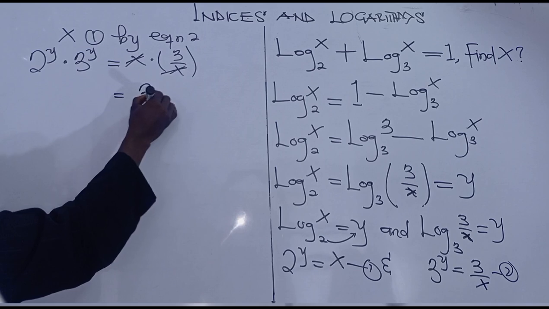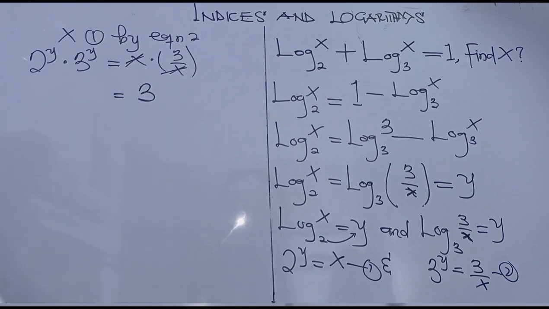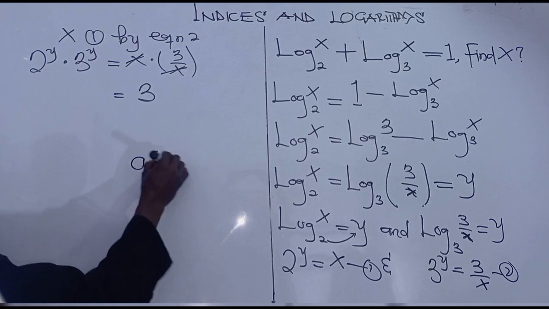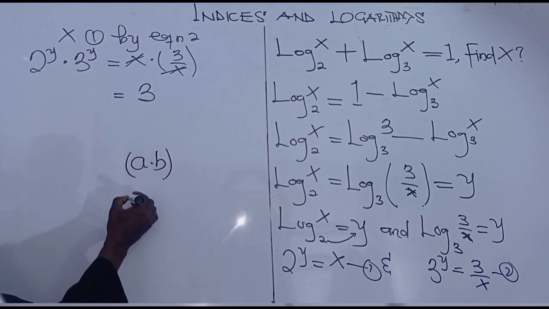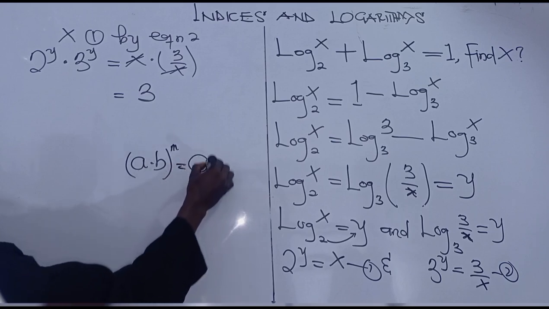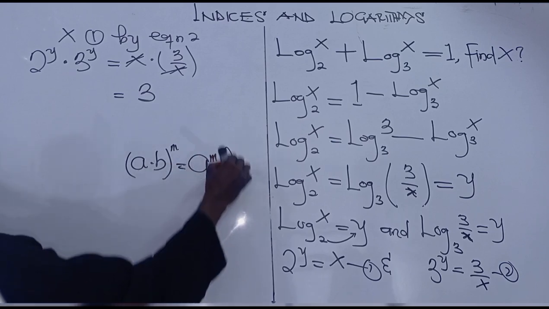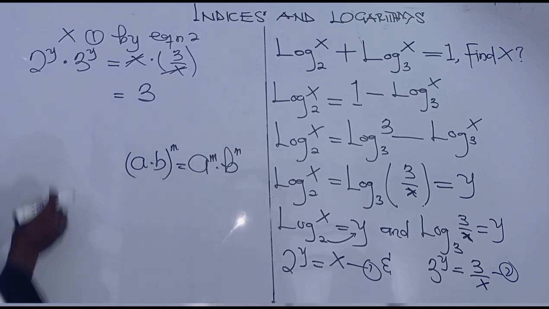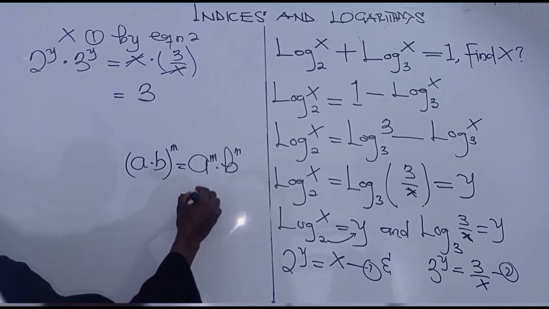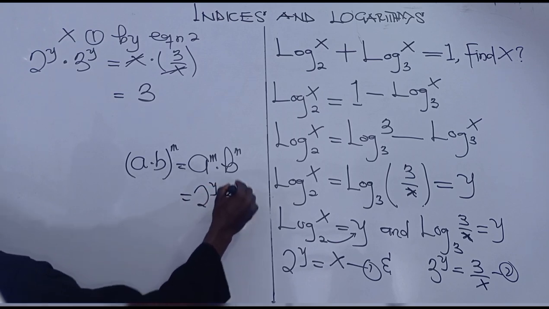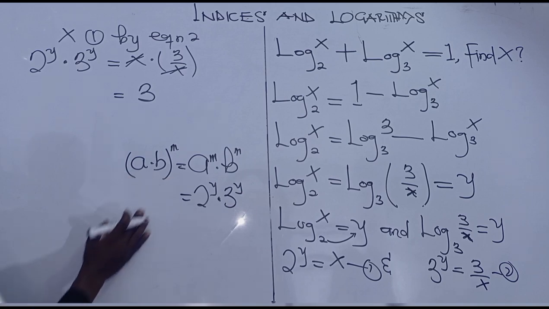So we are having what? 3. In indices, we said that when you have the number a multiplying by another number, let's say b, to the power of m, we can write this as a raised to the power m multiplying b raised to the power m. If that is the case, when you have 2 raised to the power y multiplying 3 raised to the power y, we can apply this law.